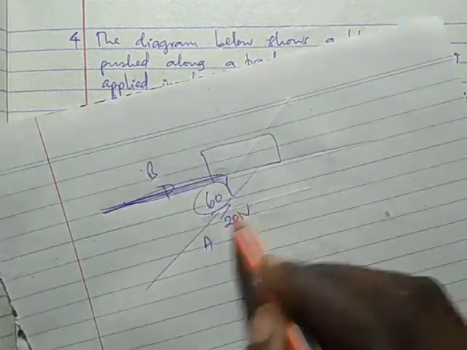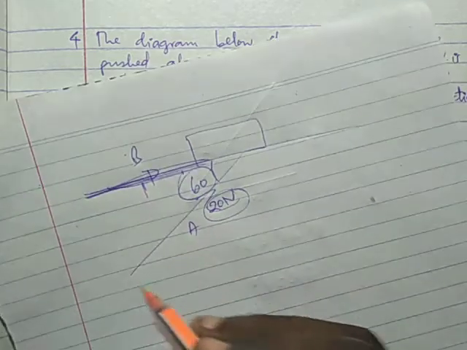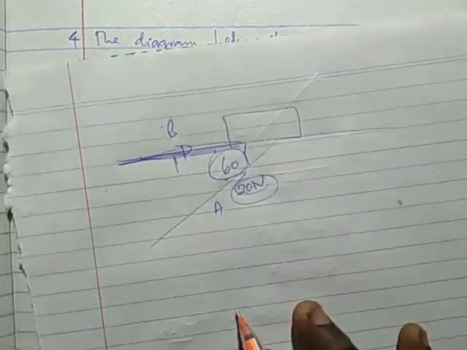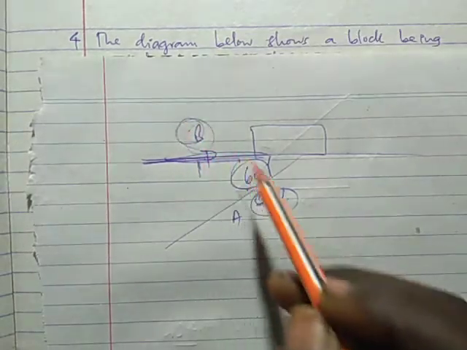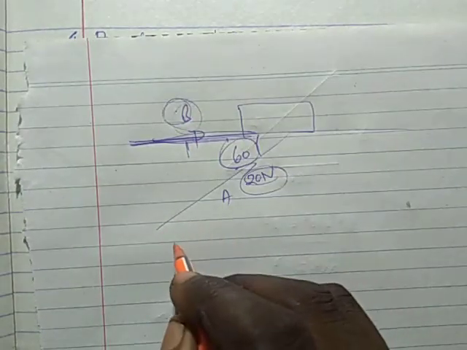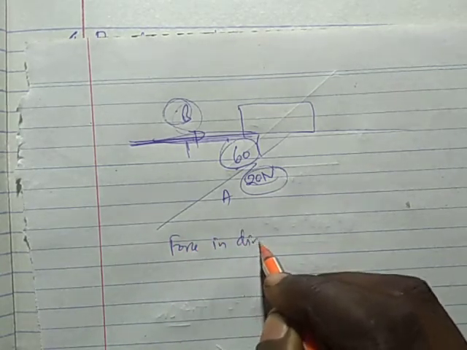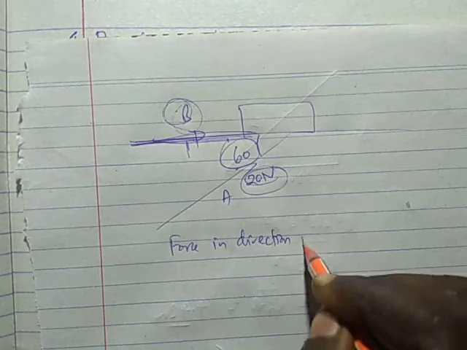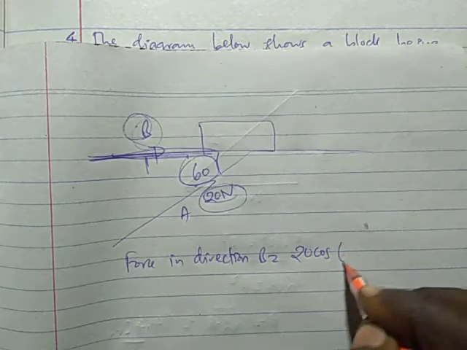Hasa huyu 20 tukimresolve kwenye 60 hapa ni adjacent. Kama ni adjacent maana yake tutakachokifanya ni kusema 20 tukimresolve kwenda kwenye direction B ni adjacent. So tutasema force in direction B itakuwa 20 cosine of 60.